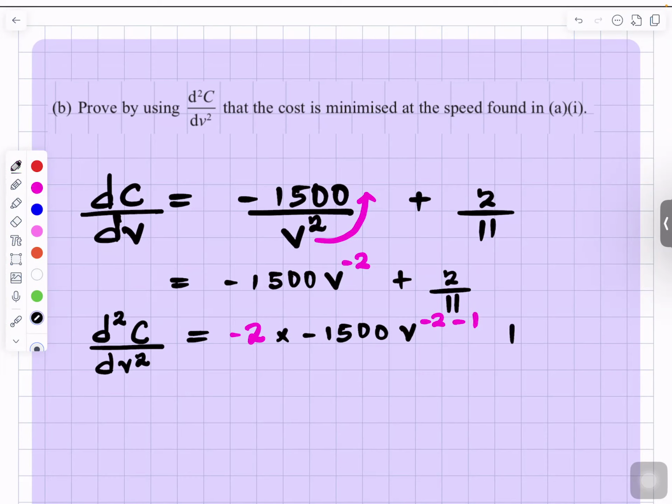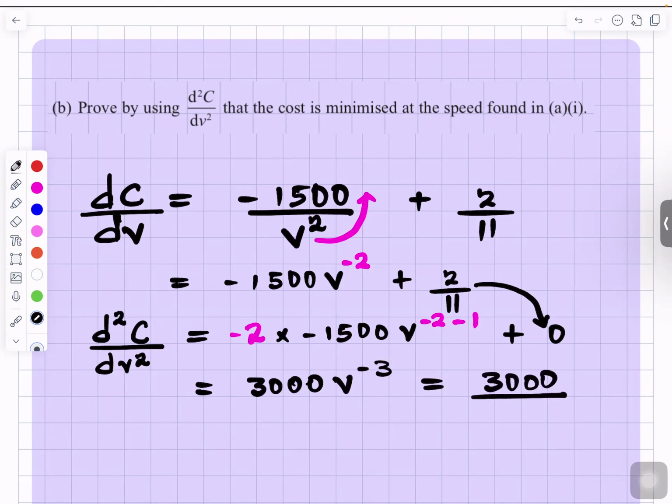And then when you differentiate 2 over 11, you get 0. So simplify that. Minus 2 times minus 1,500 gives you 3,000 V to the minus 3, which is the same as 3,000 all over V cubed.